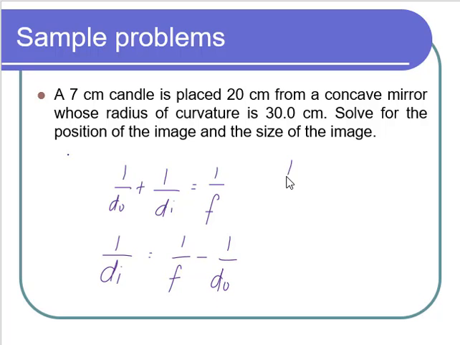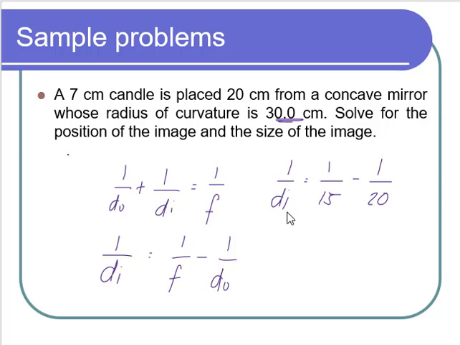So we can now substitute: 1 over di is equivalent to 1 over the focal length, which would be half of the radius of curvature, because f is equivalent to r divided by 2. So half of this one is 15 centimeters. 1 over 15, then you have here minus 1 over the distance of the object, which is 20 centimeters.